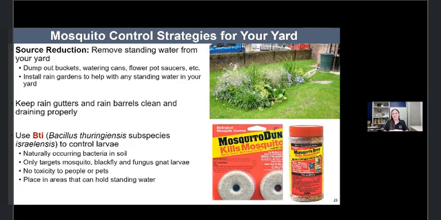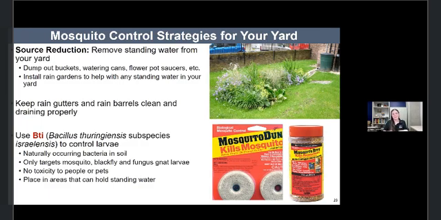And then if there's places that you can't get rid of the standing water, say you have a small little fish pond, but you don't have any fish in it, for example, or you have some sort of drainage system, and that drain will hold some water after it rains. Use BTI, which stands for Bacillus thuringiensis, subspecies israelensis.